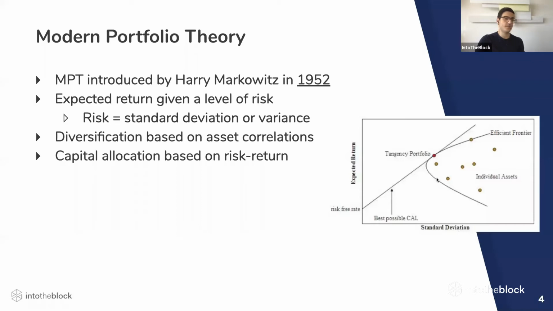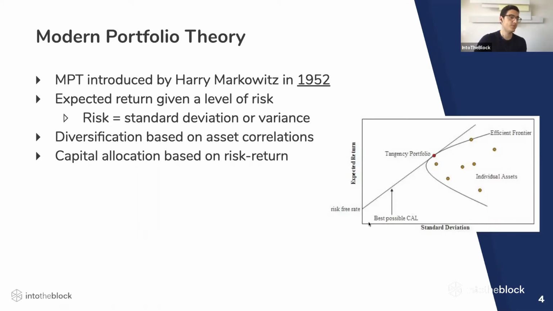Another key concept that he established was diversification based on asset correlations. As many of us are familiar, and it's been raised in the context of the crypto space, asset correlations can be positive or negative, and if assets are too positively correlated, the portfolio is not well diversified.